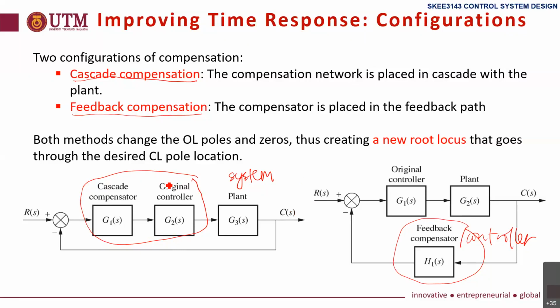When we change the zero, the pole will be different, and the root locus will be different. And we can design a controller so that the root locus will go through the desired closed loop poles.